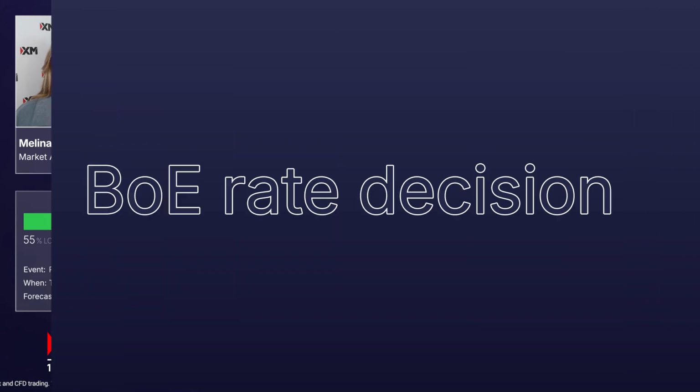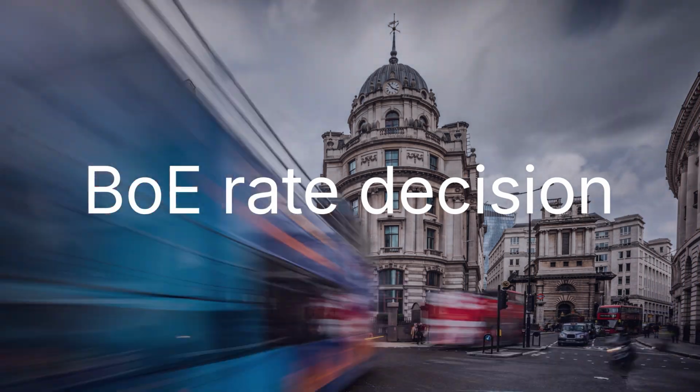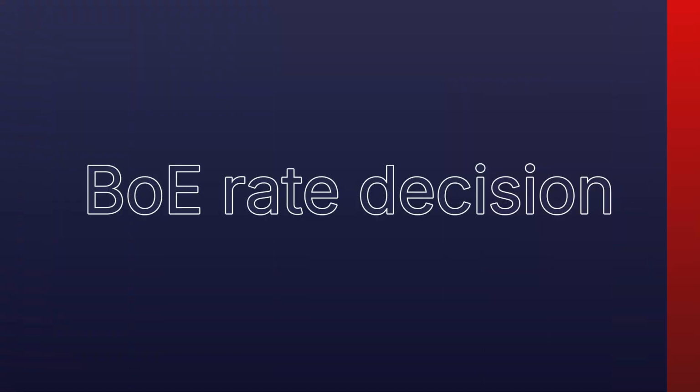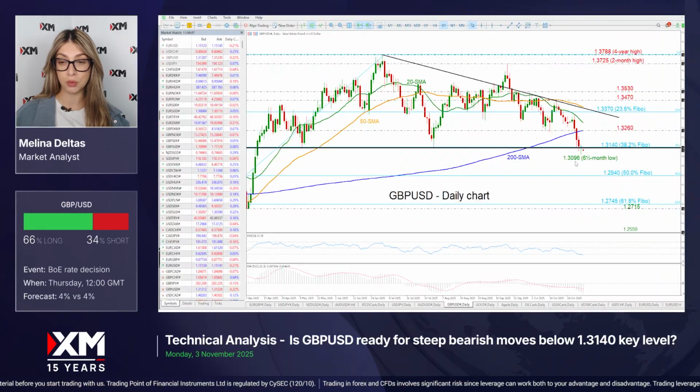And finally, GBPUSD recorded a new 6.5-month low around the 1.31 area, and also failed to have a closing day below the significant 1.3140 level. That will be a very strong barrier to keep in mind.